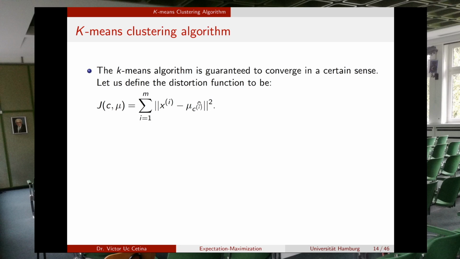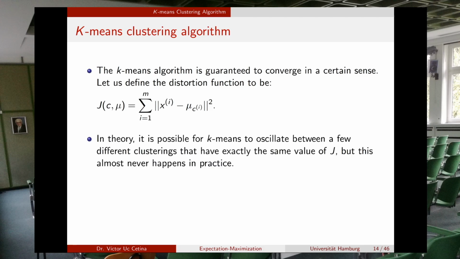Now this is the simplest distortion function that you can think of, just summing for every point the distance to its corresponding centroid, but there are some others that can be used depending on the application. So in theory, it is possible for k-means to oscillate between a few different clusterings that have exactly the same value of j, but this almost never happens in practice.